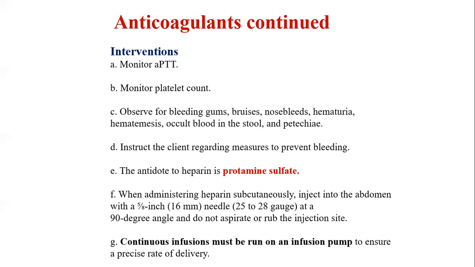And heparin sulfate is a mucopolysaccharide. Usually we use heparin parenterally, but warfarin we use orally. Heparin works immediately, but warfarin has a delayed onset. And the duration of heparin is shorter, but warfarin is longer.